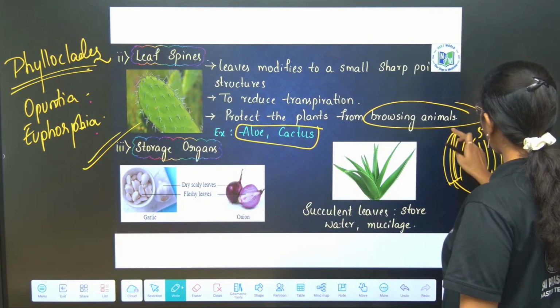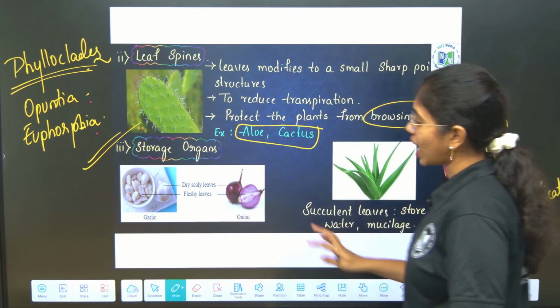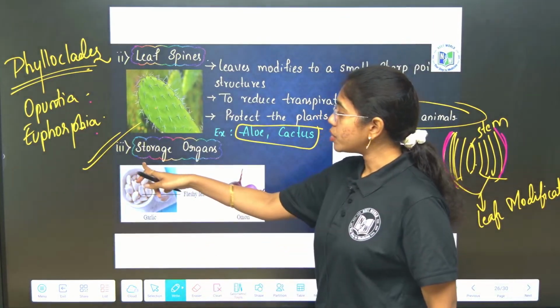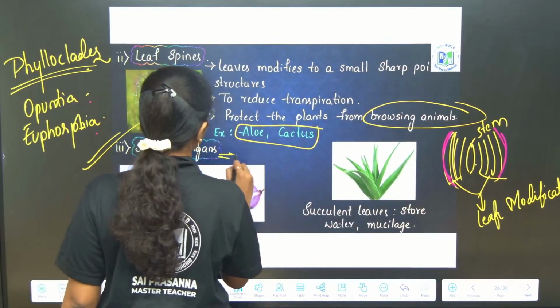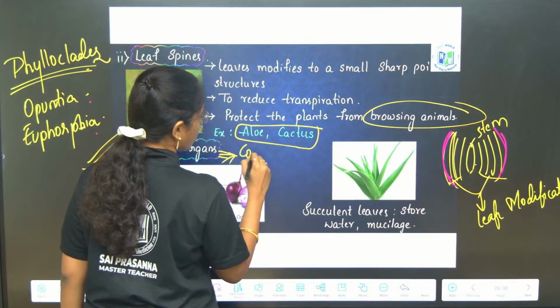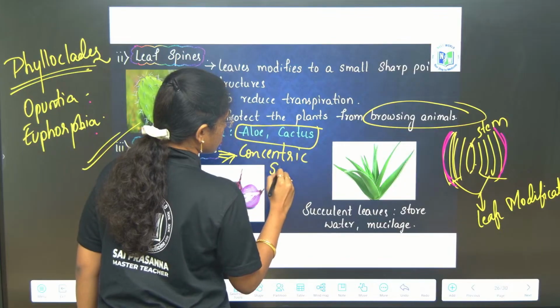You can observe the outer leaves are dry leaves, and in between you have fleshy leaves. As such, both in simple tunic and compound tunic, you can observe leaves are storage organs here. Here leaves are modified to concentric scaly leaves.